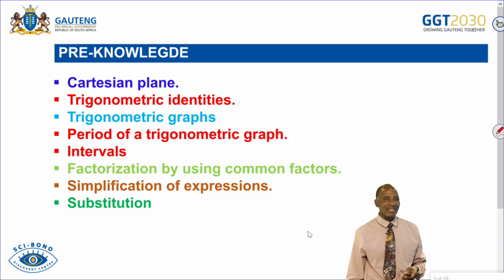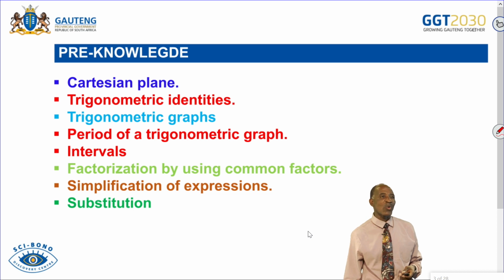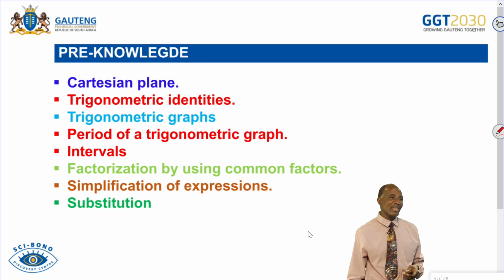By now, I would have expected you to know the following: the Cartesian plane, trigonometric identities, and trigonometric graphs, which are very, very fundamental in general solution. Then the period of a trigonometric graph: after how many degrees does the same cycle repeat itself, depending on the given function, whether it's sine, cosine, or tangent.